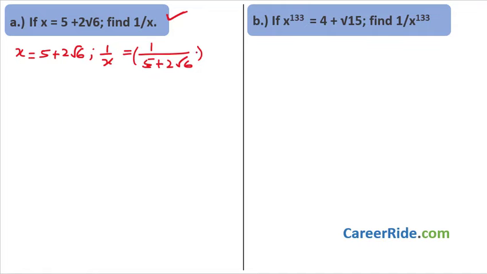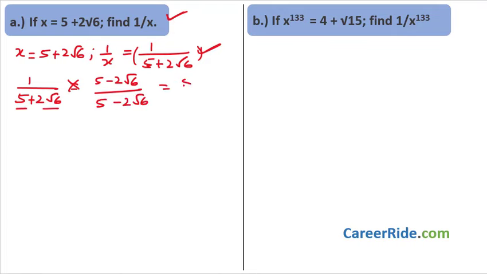So what are they actually expecting from you? What they are expecting is that you will rationalize it. So how do you rationalize it? 1 upon 5 plus 2 root 6. Can I multiply the numerator and the denominator by 5 minus 2 root 6? A plus B is what I have in the denominator, so I'm multiplying by A minus B to rationalize it.